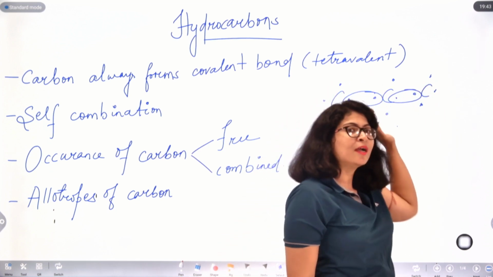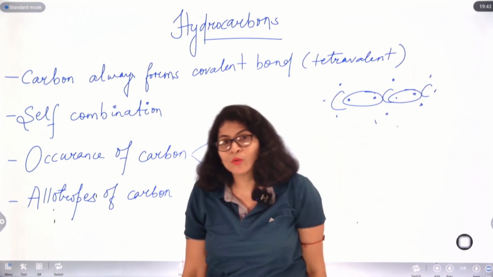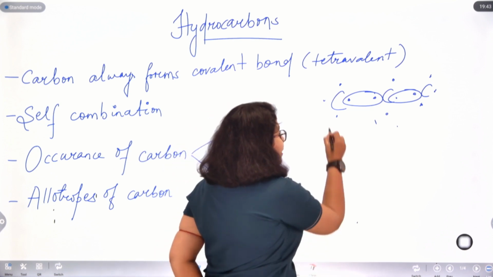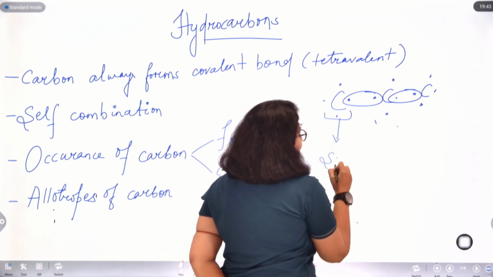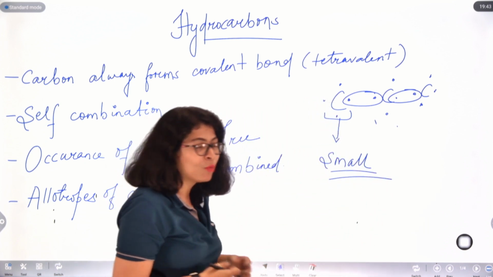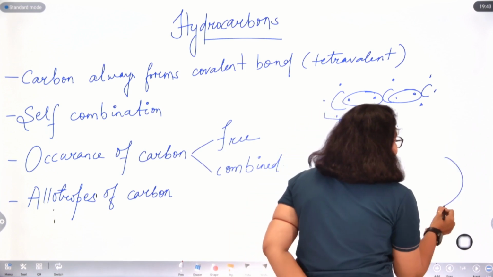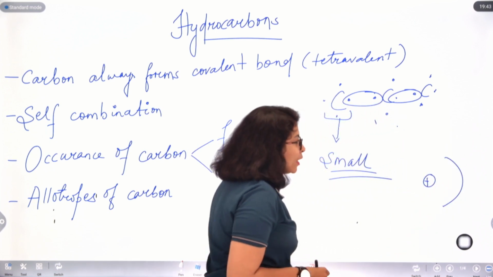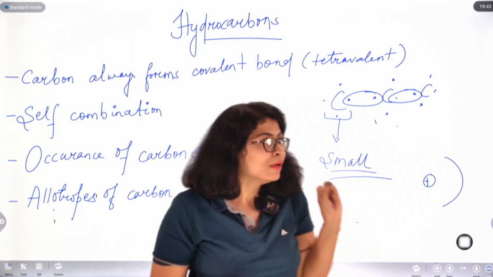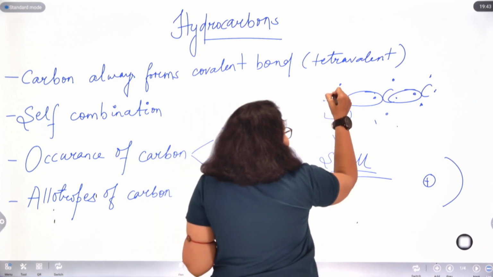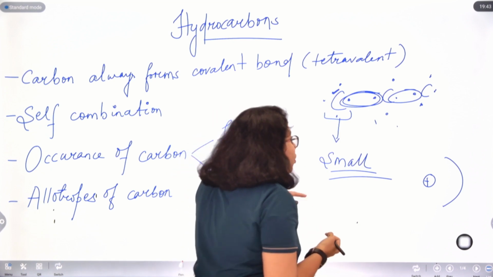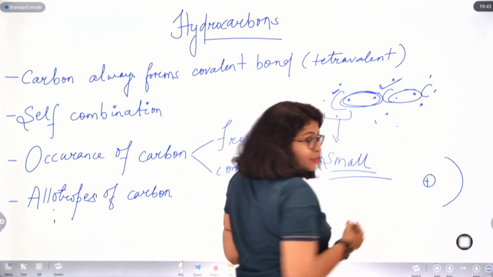Now this phenomenon continues over a long chain. And why does this continue over a long chain? Because the size of an individual carbon atom is very small. As a result, its outermost shell is closer to the nucleus. Therefore, the nucleus has a strong hold on its outermost shell, as a result of which the nucleus of this particular carbon will hold this electron pair very strongly, and so will the nucleus of this second carbon atom.